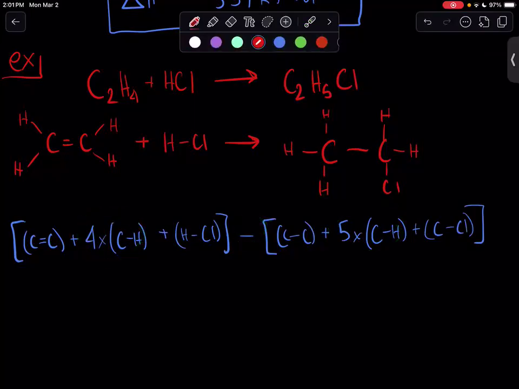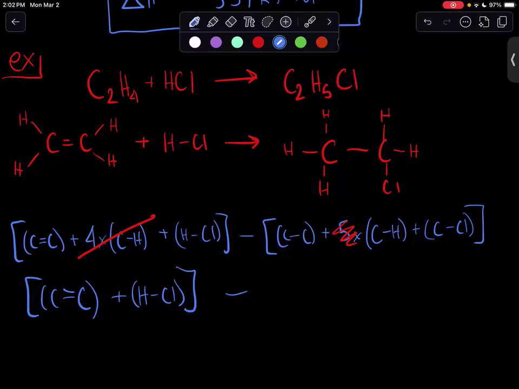So we can just go ahead and cancel out all 4 of these for our coefficient there, leaving 1 left. And this is going to simplify our problem a little bit as we can do quite a bit less math now. So condensing this, we have our carbon-carbon double bond plus our hydrogen-chlorine single bond subtracted from our carbon-carbon single bond plus our carbon-hydrogen single bond plus our carbon-chlorine single bond.